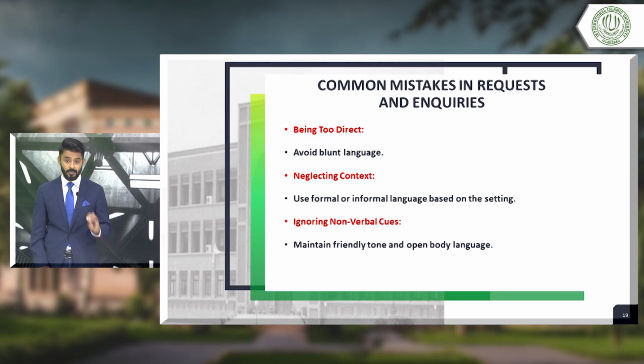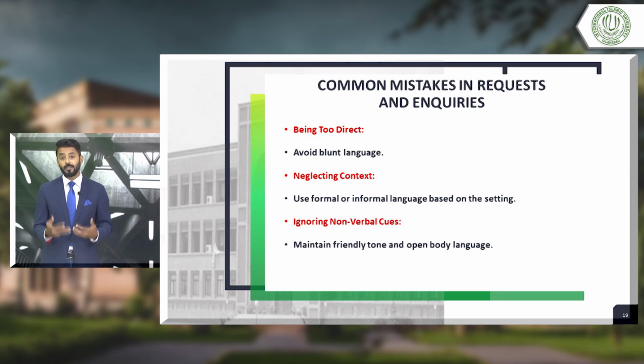The number one common mistake is that you are being too direct. I mean, without using some polite language, you are being direct. What is being direct? Say, for example, you say, bring me that book. Now, even body language matters a lot. I mean, you can say bring me that book, or say it like this, bring me that book.